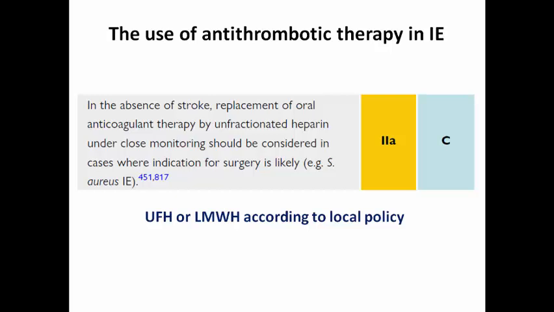I expect that sooner or later the patient would need surgery, so I don't want to wait till I stop, for example, warfarin, till the INR reaches the baseline level that the patient can go for surgery. If the patient needs urgent or emergent surgery, I want to go as soon as possible without waiting for the INR to come down to the baseline.